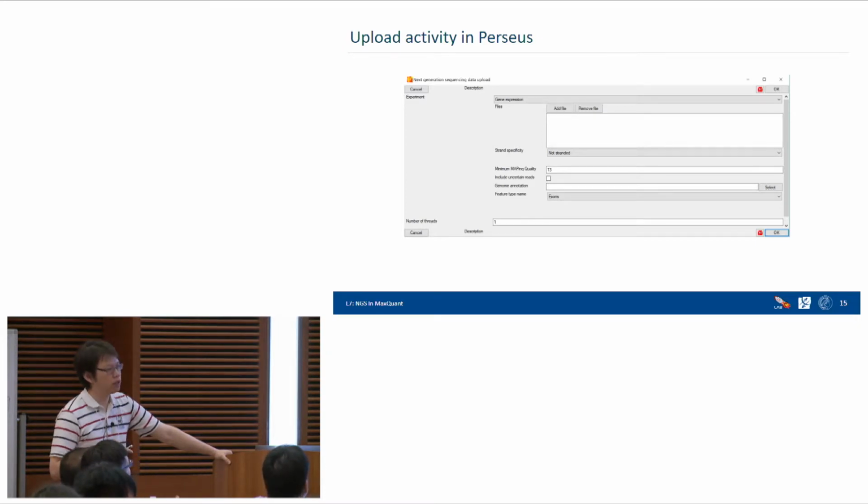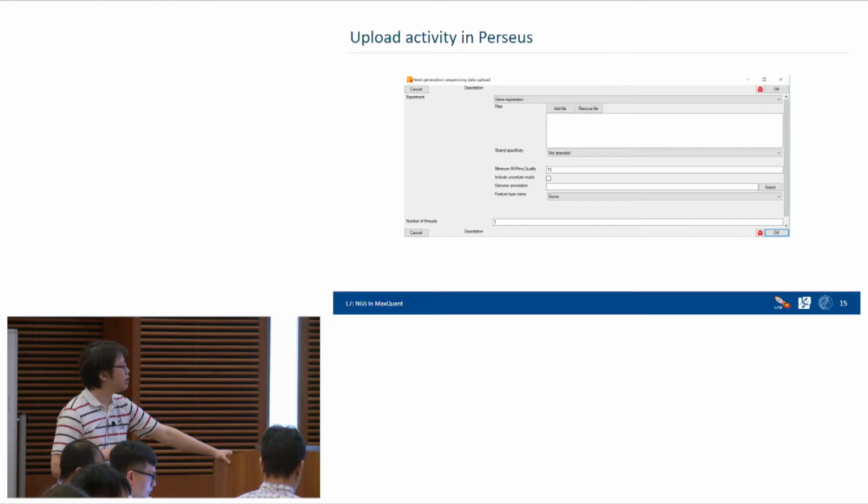Basically, if you go to Perseus, there is an icon for NGS data loading, and when you press it, this window will come up. And then you can add the files. Basically, we add BAM files after alignment. The BAM files can be many, and we put them here. And then you can decide whether you want to do strand specific or not.